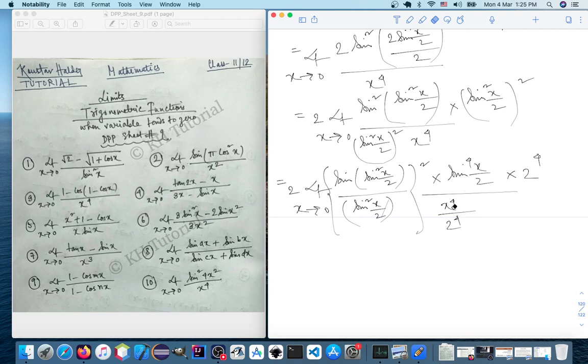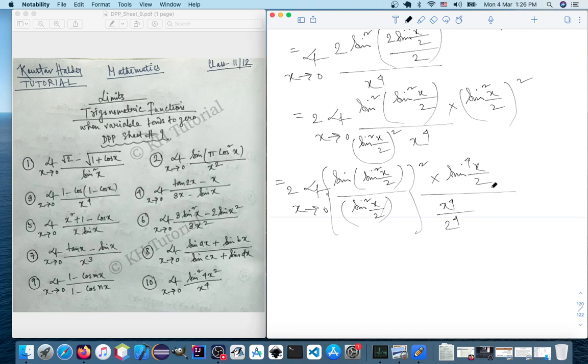To adjust this, we already have x to the power 4 in the denominator, so this will be over 2 to the power 4. If we bring the 2 to the power 4 outside, we get 1 by 2 to the power 3.